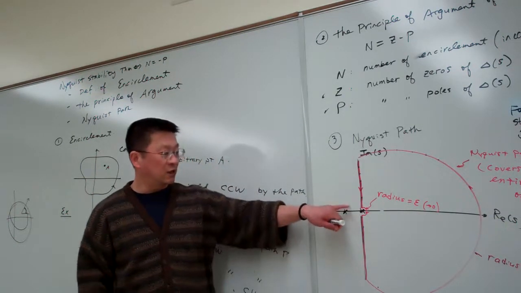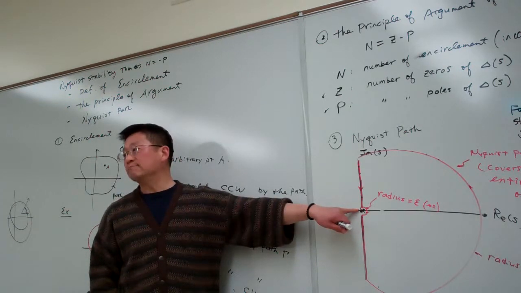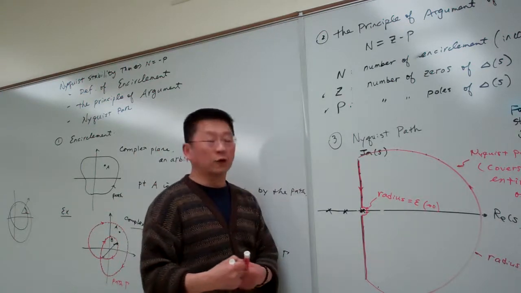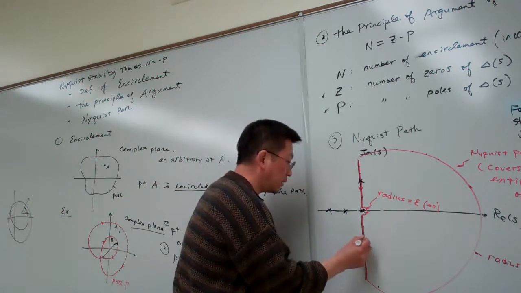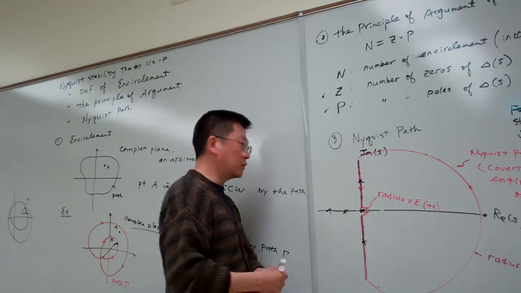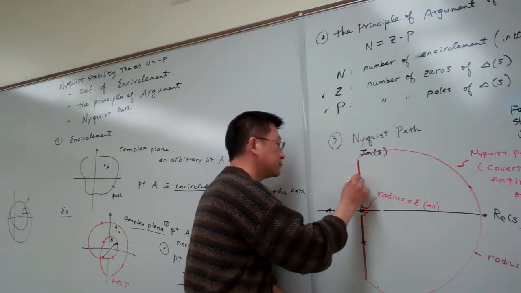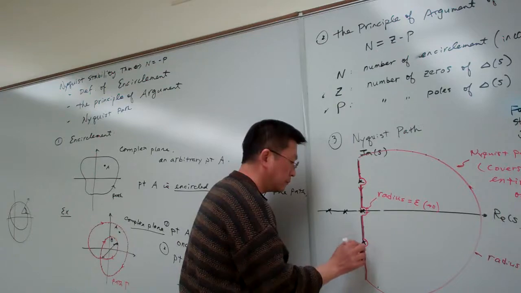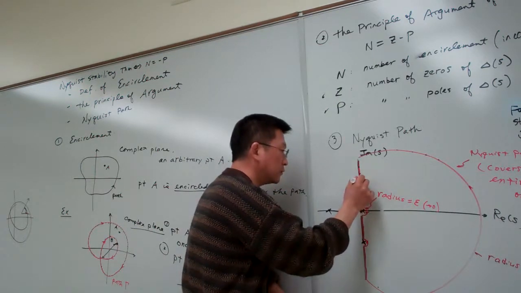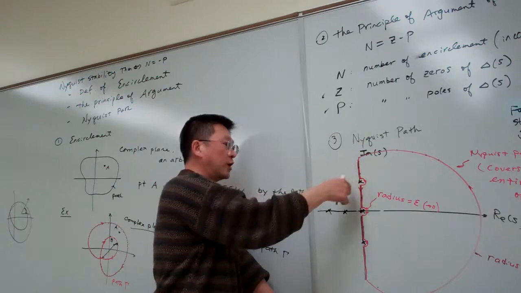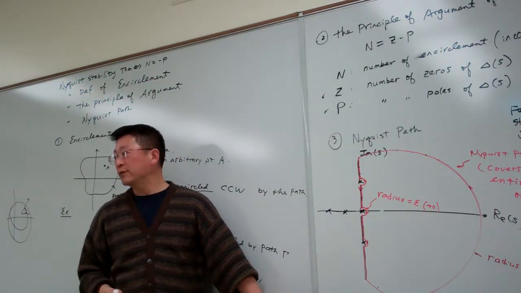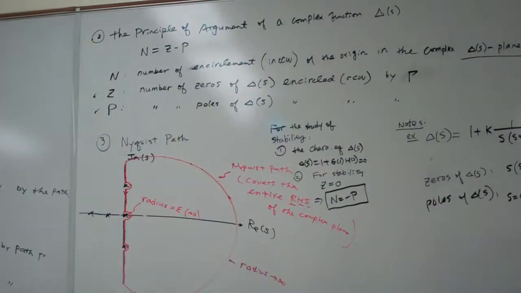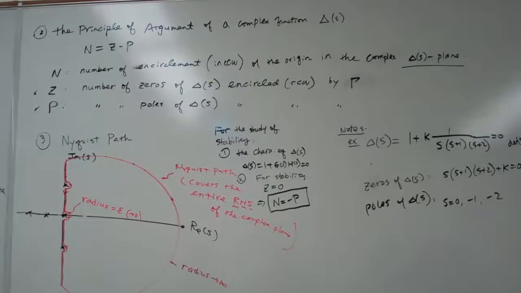Basically, we try not to include any poles on the imaginary axis. So, for example, if we have a pole here and poles here, then we try to surround them. That is a note I want to make here. And you can make a new plot for this case. You okay? Okay. So that is for this note.